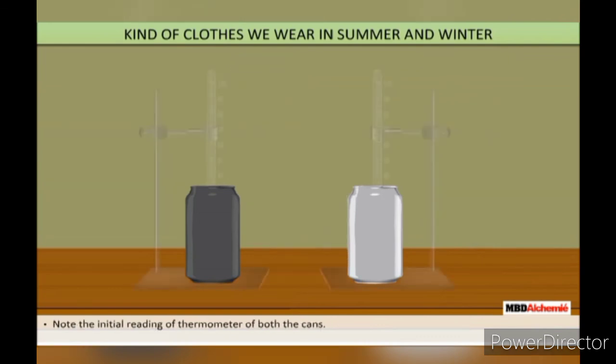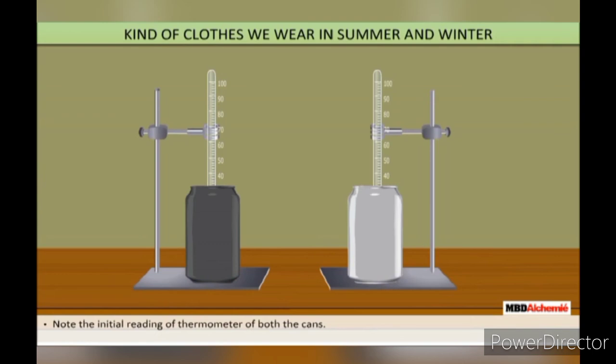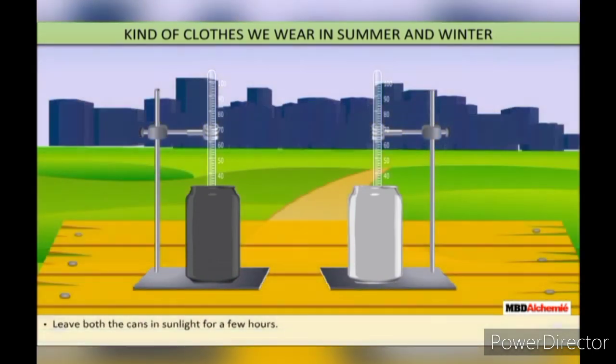Note the initial reading of the thermometer of both the cans. Leave both the cans in sunlight for a few hours. Note the reading of the thermometer of both the cans.